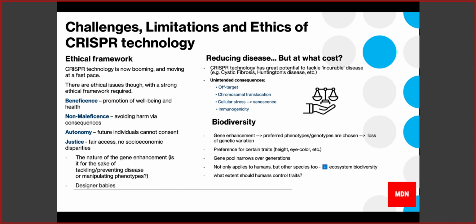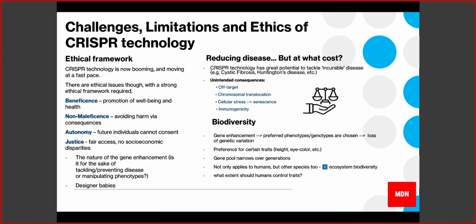And this biodiversity issue doesn't only apply to humans, but again, as mentioned earlier, to other organisms too, such as plants and animals and insects, because CRISPR technology has been used in animals. An example of this is mosquitoes.